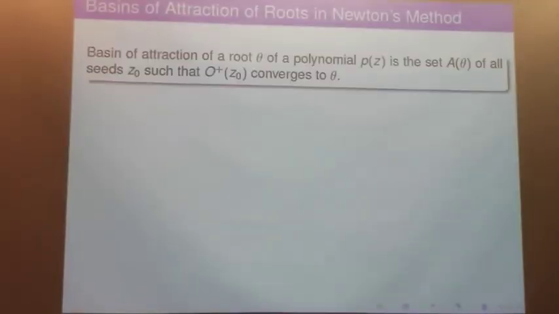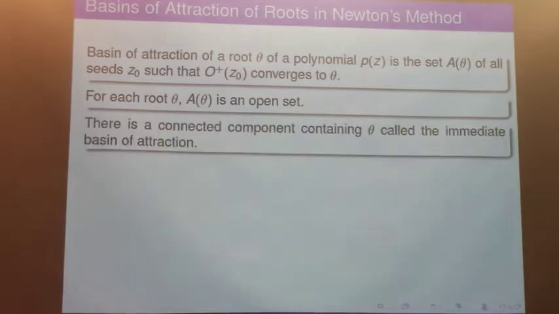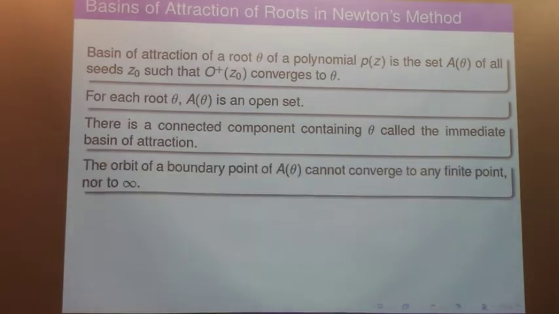Basins of attraction: if you have a root theta, we consider all those seeds whose iterations under Newton's method would converge to a root. This is an open set, A of theta. The basin of attraction of each root is open. There is a connected component containing theta itself, called the immediate basin of attraction. The orbit of any boundary point of A of theta cannot converge to any fixed point or to infinity.